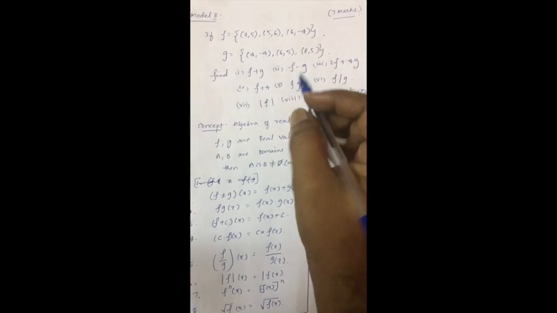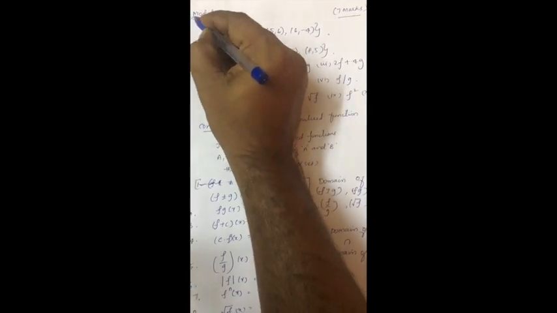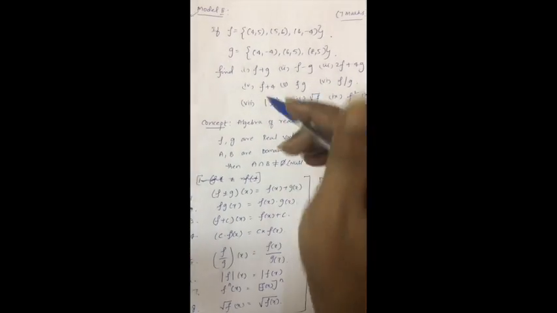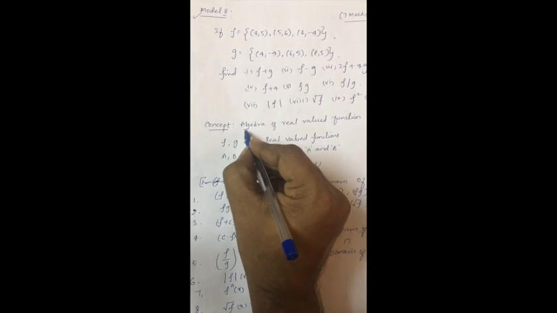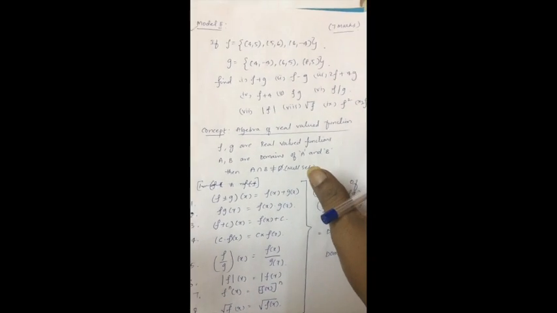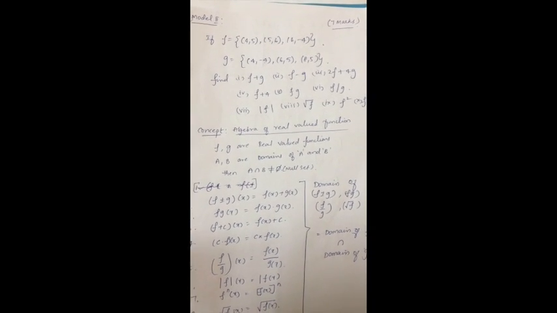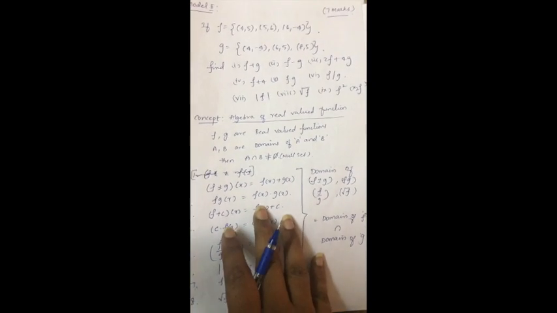The final concept to understand is tackling the model 2 problems. So this is a problem. They'll give you the f, they'll give you the g, and they'll ask you a bunch of different things. This is called the algebra of real valued functions. They'll ask different algebraic operations between two real valued functions. So here is a concept.